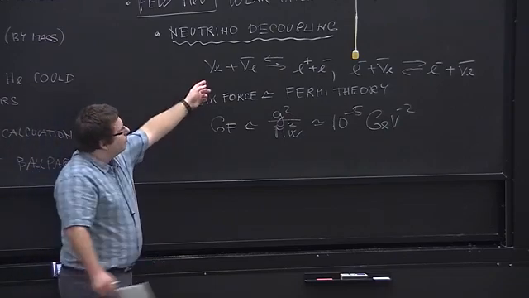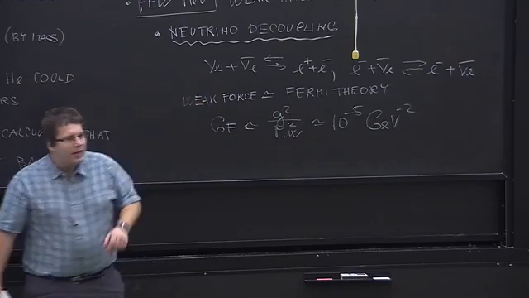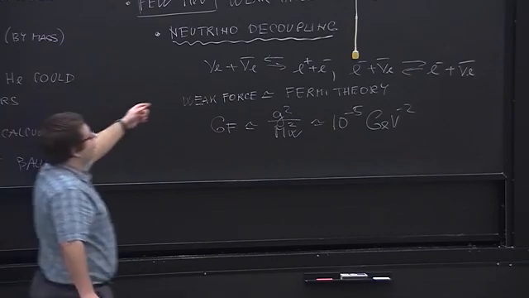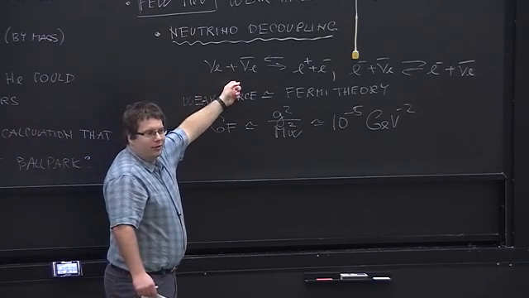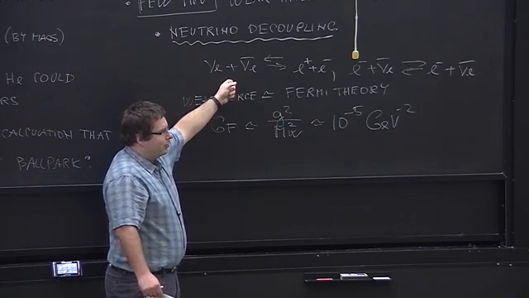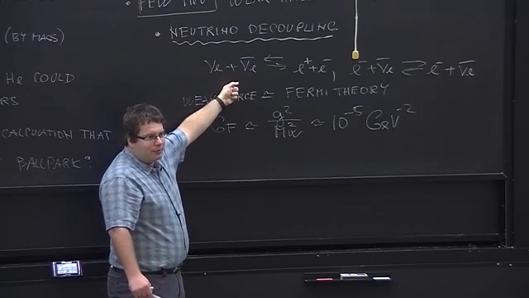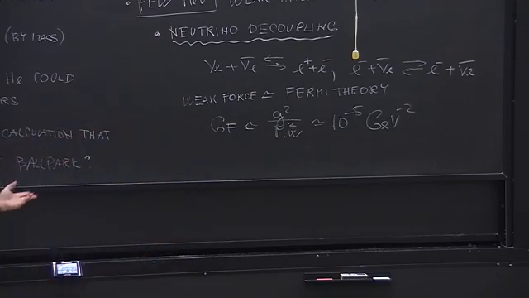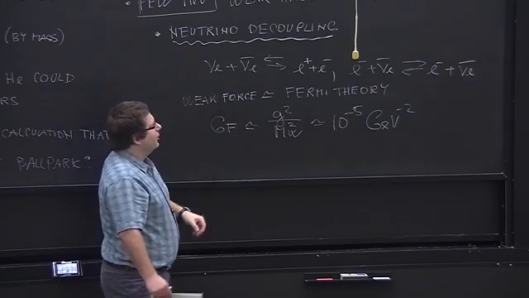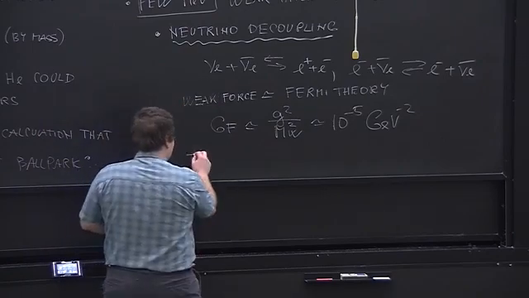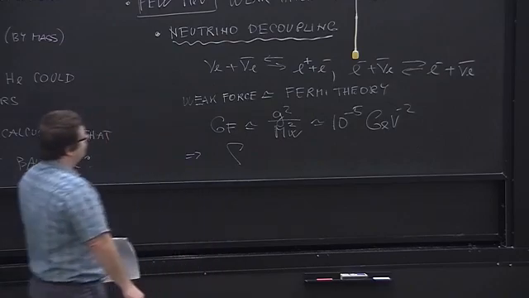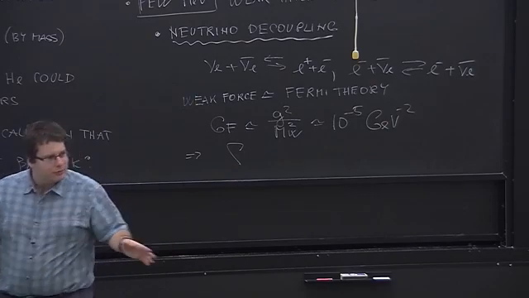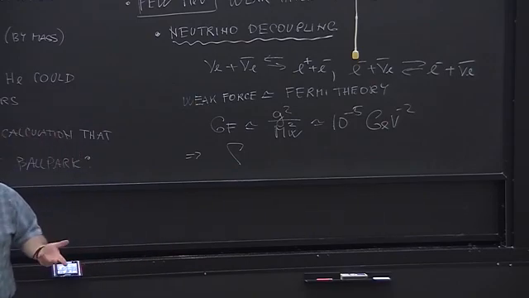Now we want to estimate the reaction rate for these interactions. Very approximately, if you look at all these particles here, they are all relativistic. So the only thing which has the right units of energy is the temperature. All the masses I can neglect, all the chemical potentials I can neglect. So approximately the only thing I have here is the temperature. The interaction rate has units of 1 over time, so it has units of energy.